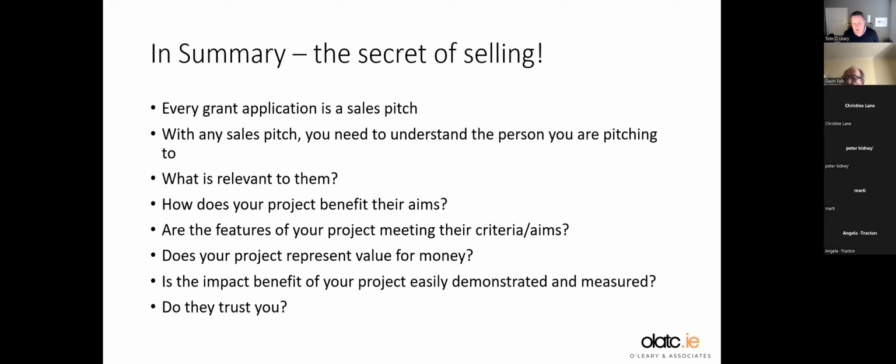It's very easy to measure the impact of any project, because it's very easy to measure numbers of people using it or benefiting from it, and it's very easy to find out how they benefit by simply asking the question, how has this project made a difference to your life? If it's a childcare facility in a local community, what is the impact?